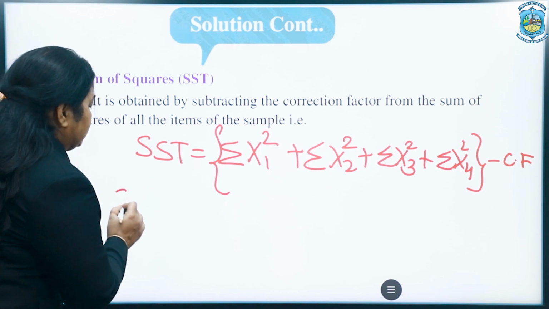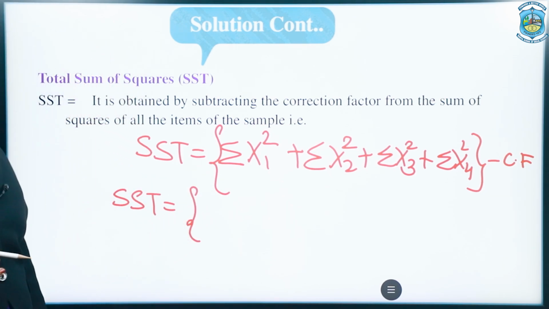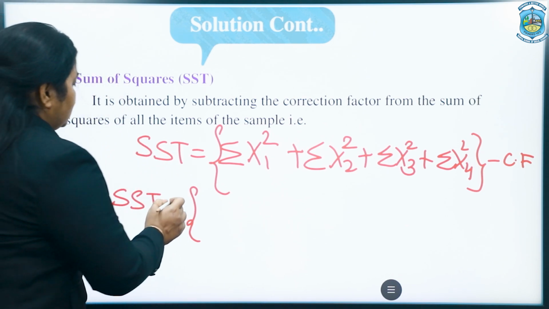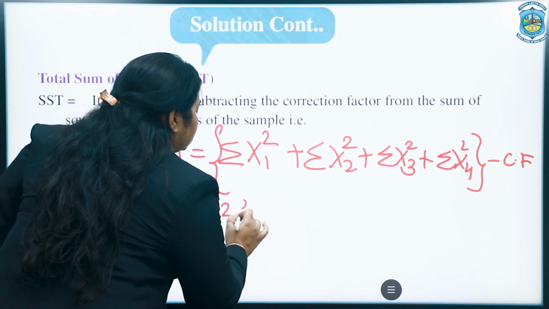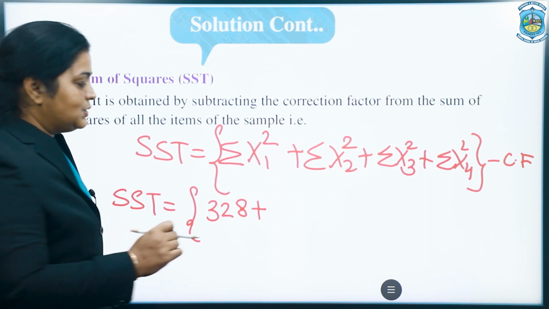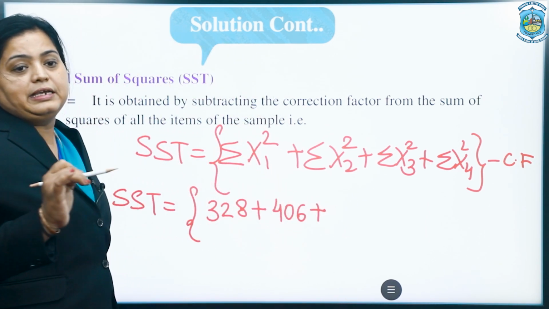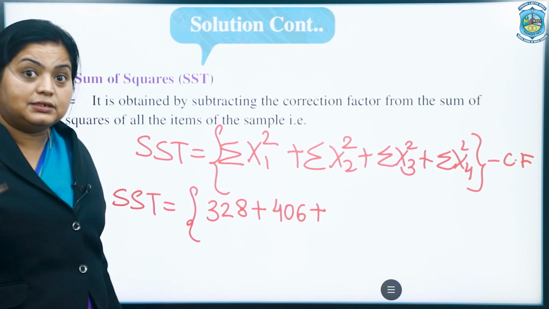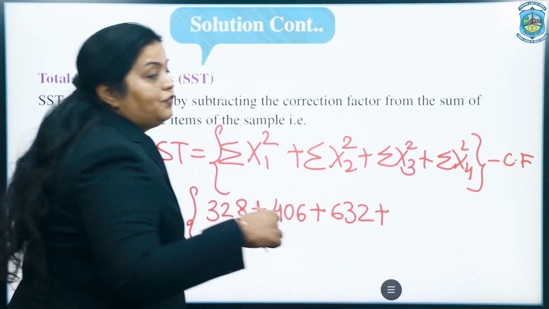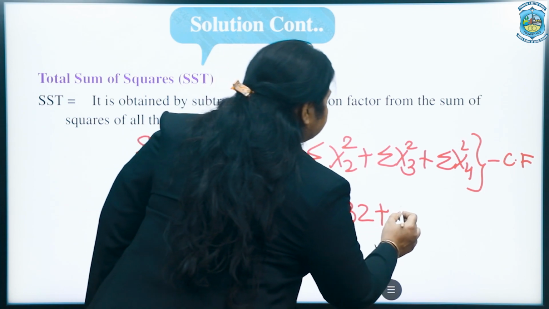Now SST is equal to, what is the summation of x1 square? x1 square is 328. Then summation of x2 square is 406. Summation of x3 square is 632. And summation of x4 square is 696.